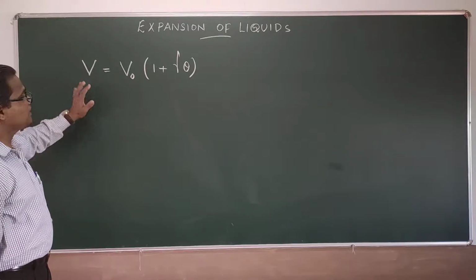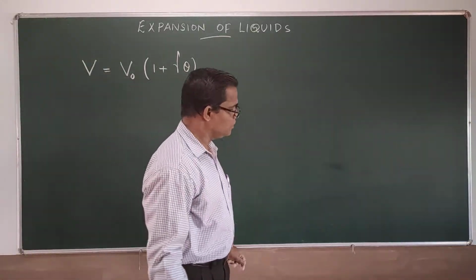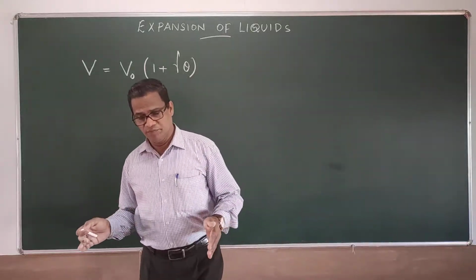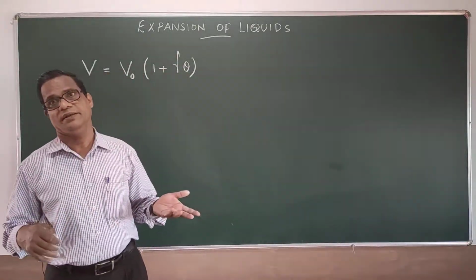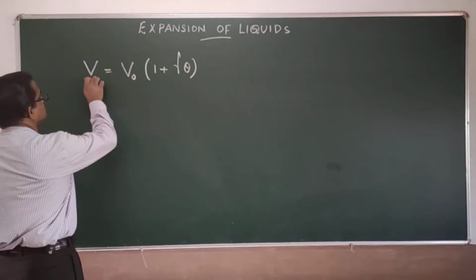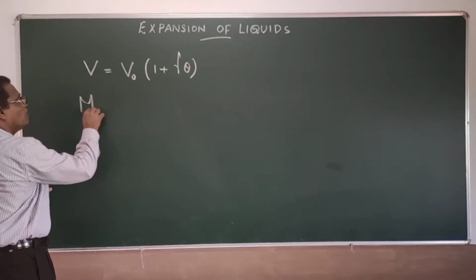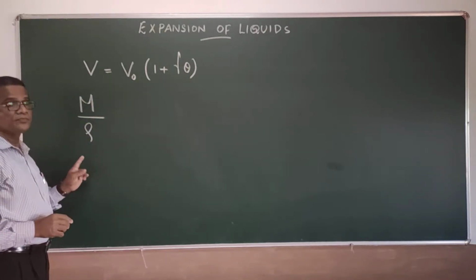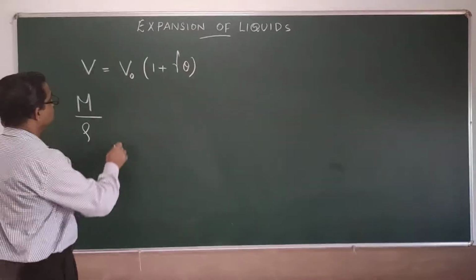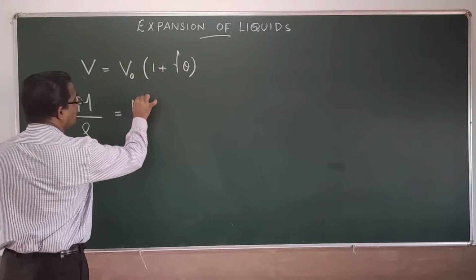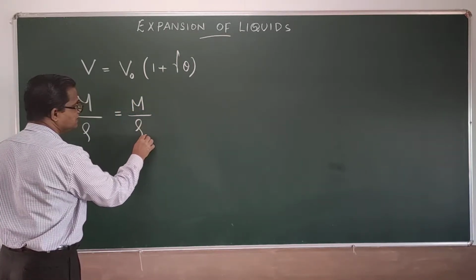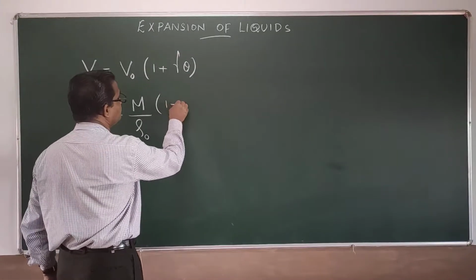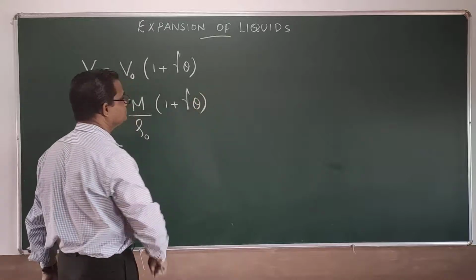Now suppose I take a particular mass of liquid or solid. That mass will remain constant before heating and also after heating. Now mass being constant, I can take this as mass divided by density at expanded state will be equal to mass divided by density at 0 degrees Celsius into 1 plus gamma theta.